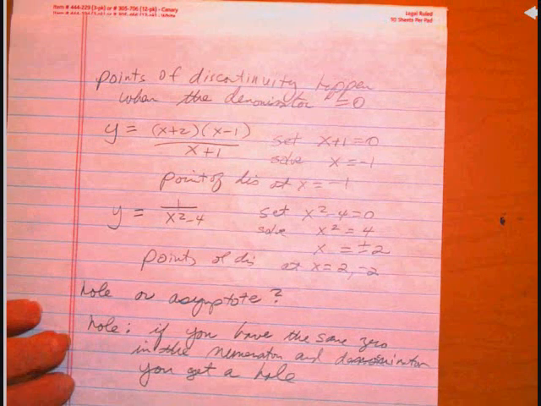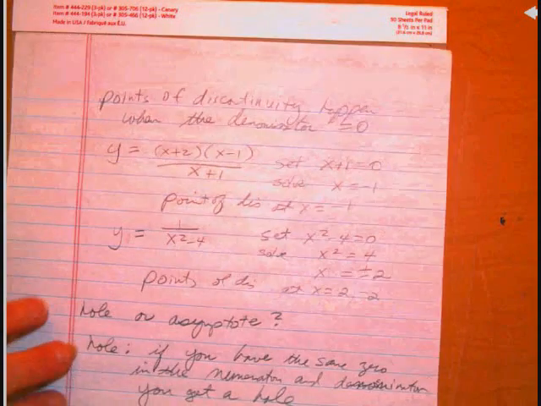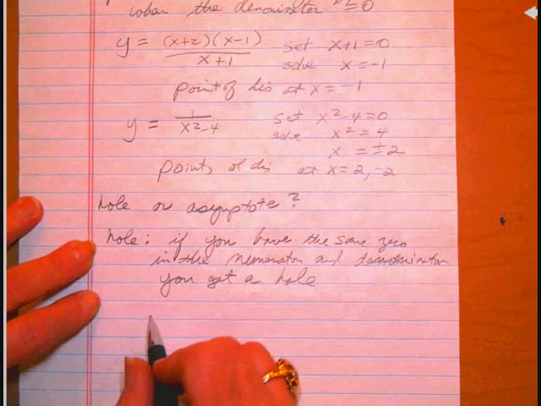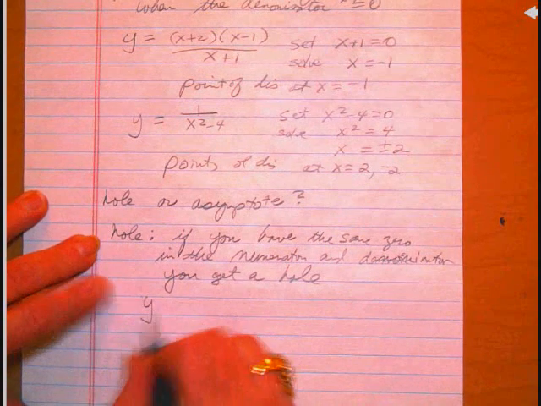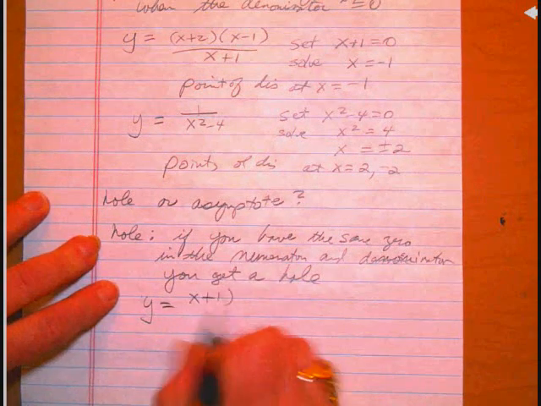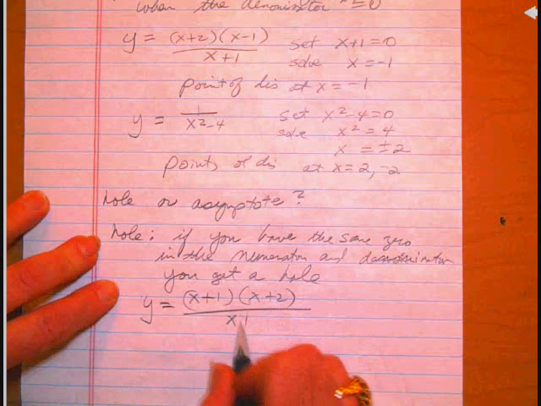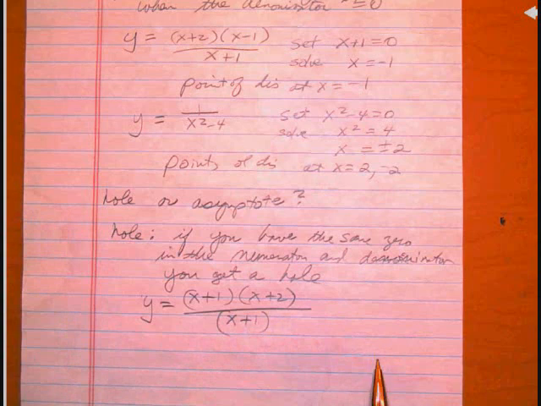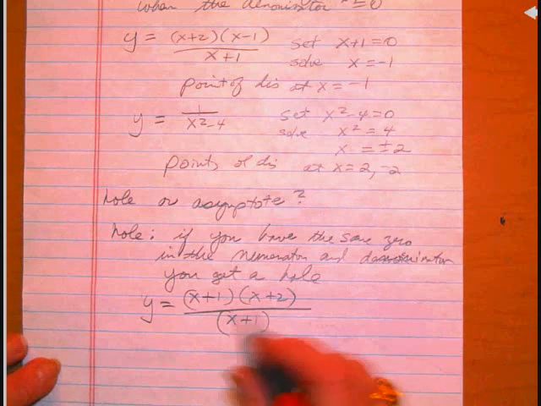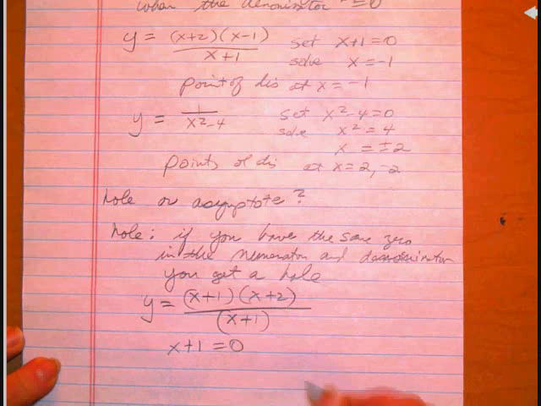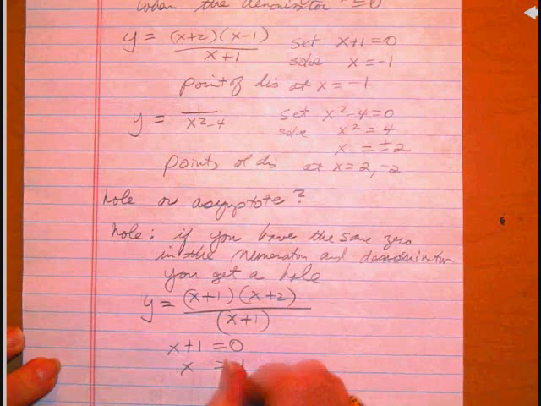So let me go back to what my example was. If I have y equals (x plus 1)(x plus 2) over (x plus 1), I have a point of discontinuity when x plus 1 equals 0, x equals negative 1.